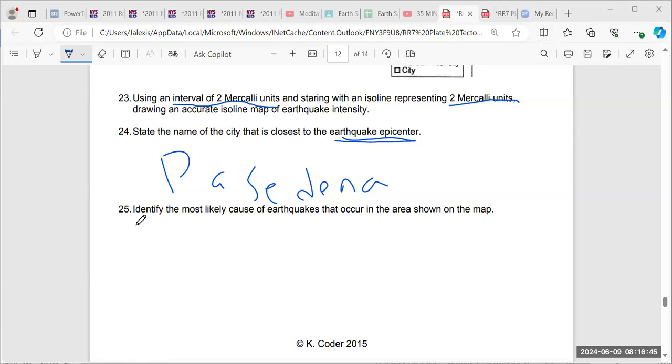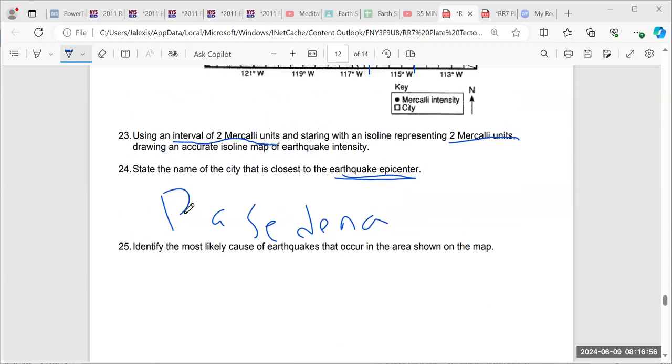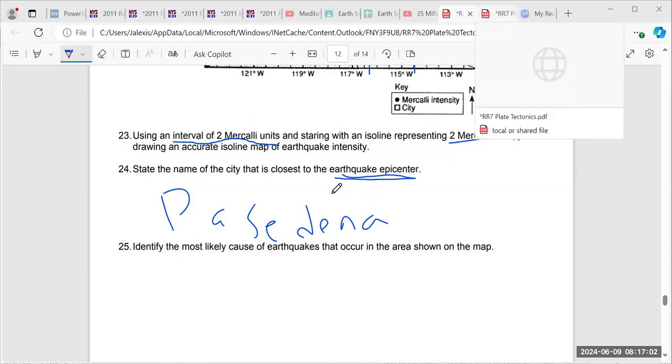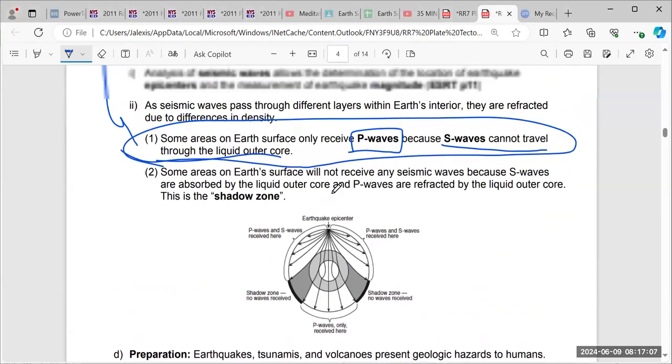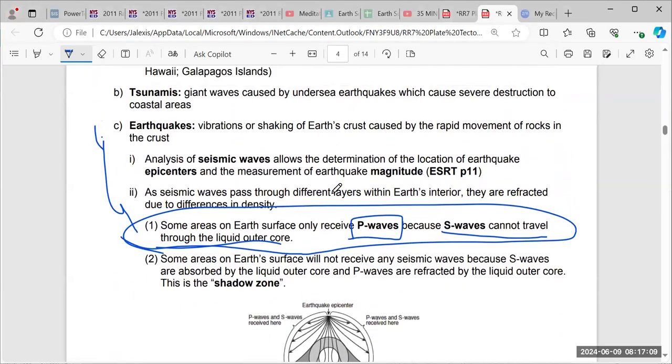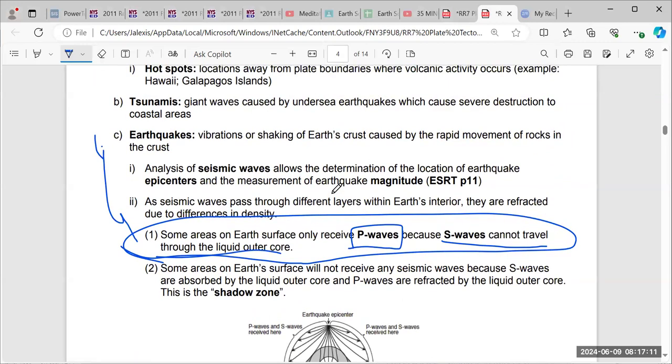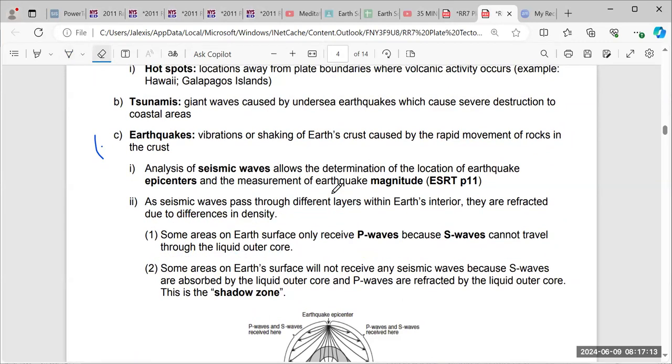And number 25. Oh, sorry, I made a slight mistake for number 24. It wasn't 27C, I apologize. It was 28C, 1I.